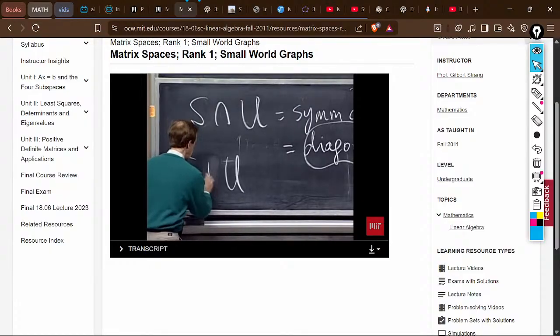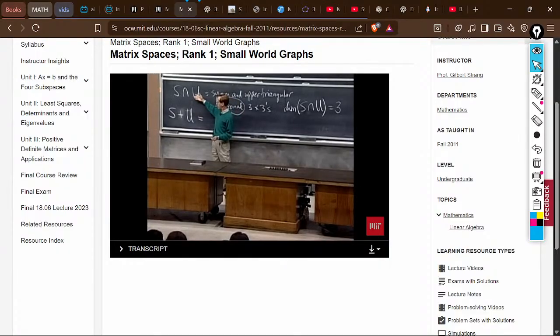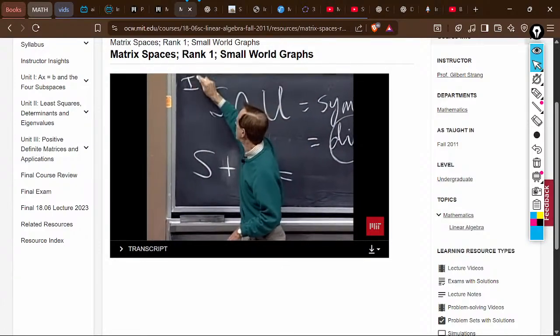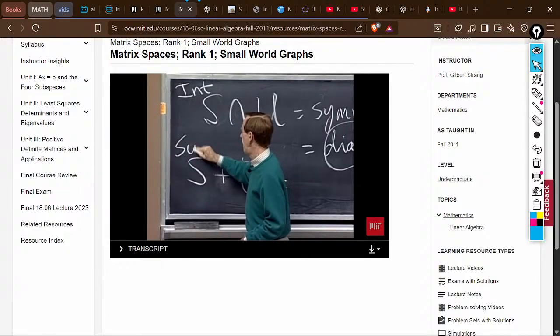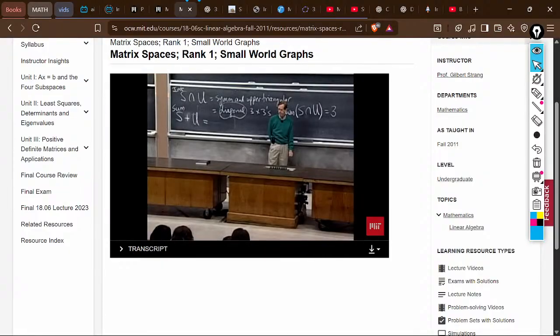To get this bigger space that I'll write with a plus sign, this is combinations of things in S and things in U. That's the final space I'm going to introduce. I have a couple of subspaces. I can take their intersection, and now I'm interested not in their union, but their sum. So this is the intersection, and this will be their sum. What do I need for a subspace here?